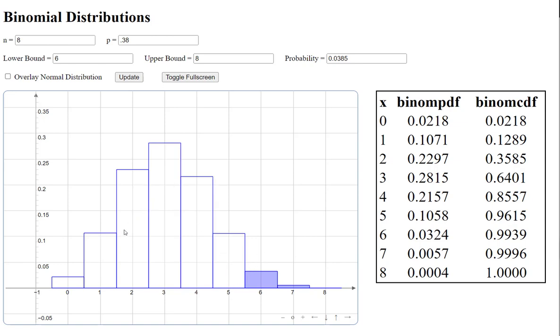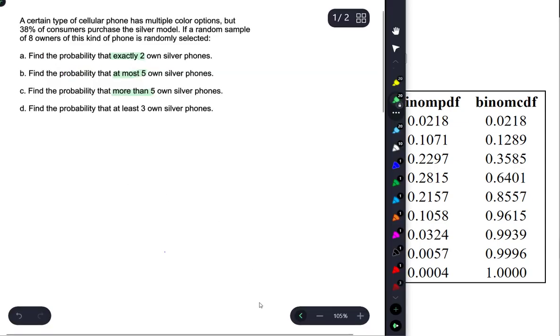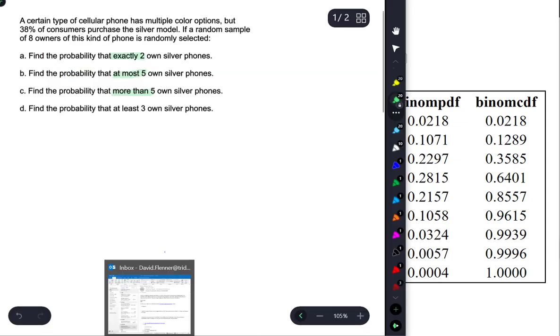But that would give me the sum of all these white bars. And the total of all the bars together is going to be 1. So if I know the area of all these white bars, if I know the sum of all those numbers, I could take those from 1 and then get the sum of these bars over here. And that's exactly what I need to do in order to get that answer correct.